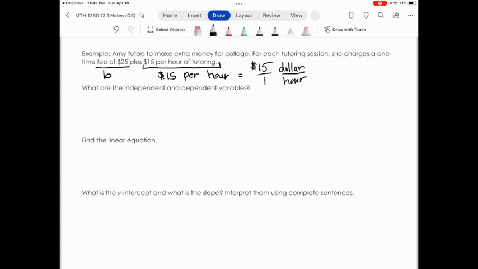Now, what are the independent and dependent variables? One way you could tell, sometimes in the question it will say, this quantity depends on this quantity. And when it directly tells you that, it's easy to pick out. However, when it doesn't directly say that, you can pick it out by looking at the rate.